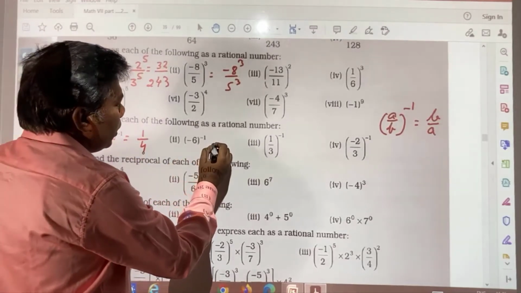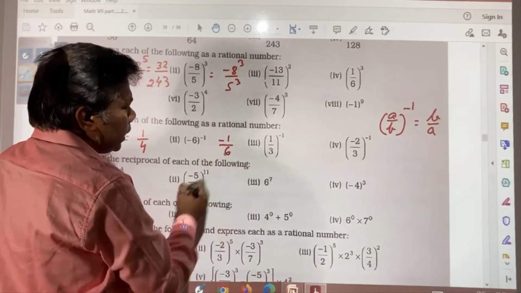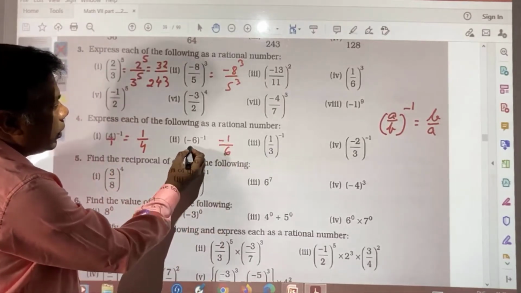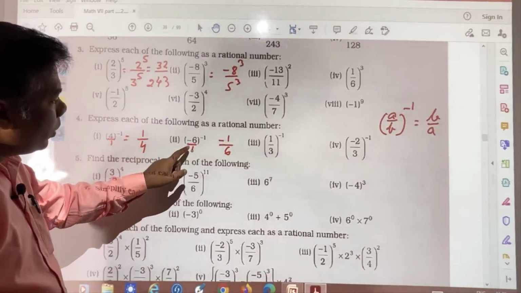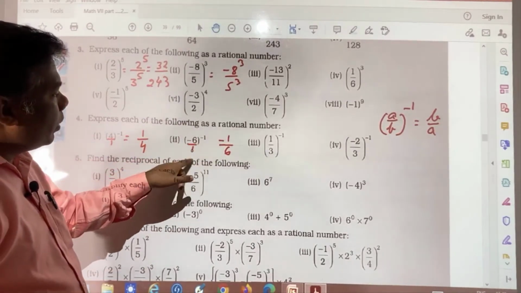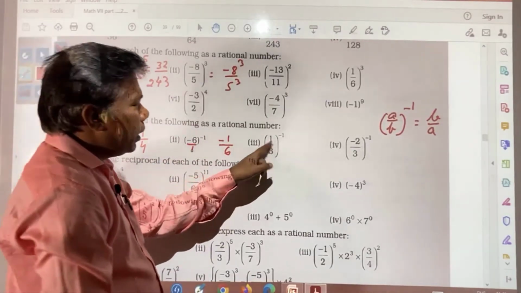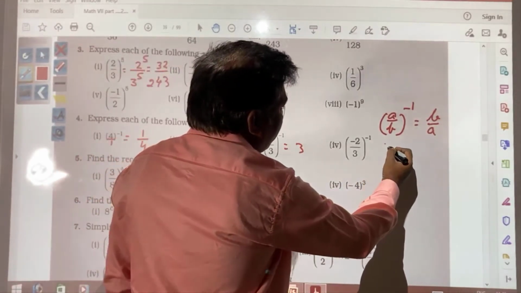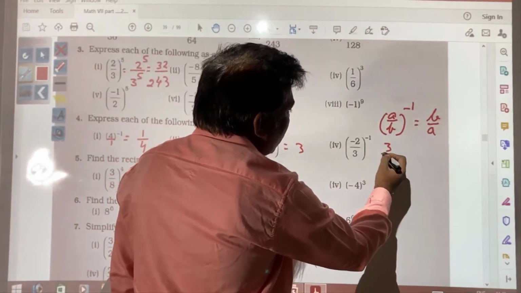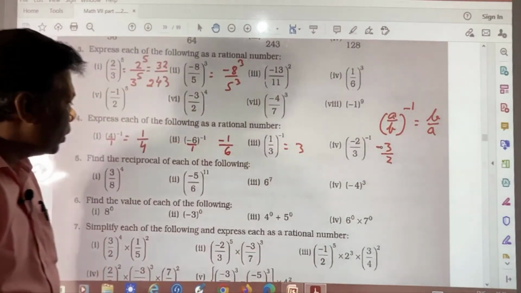Next, this will be minus 6 by 1, so the reciprocal of this will be 1 by minus 6, and in standard form you will write minus 1 by 6. Then this will be 3 by minus 2, so we will write minus with the numerator: minus 3 by 2.